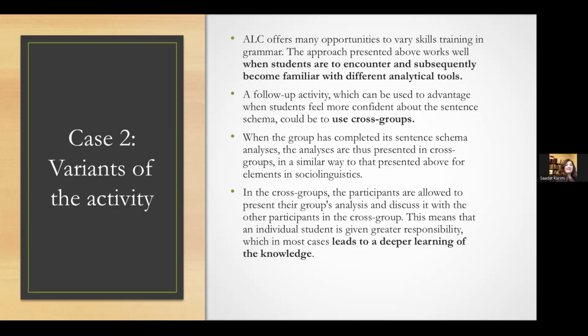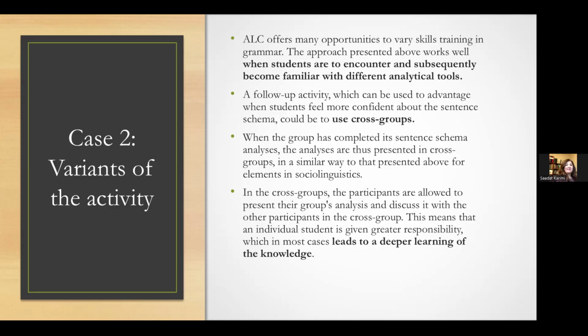A follow-up activity which can be used to advantage when students feel more confident about the sentence schema could be to use cross groups. When the group has completed its sentence schema analysis, the analyses are presented in cross groups in a similar way to that presented above for elements in sociolinguistics.